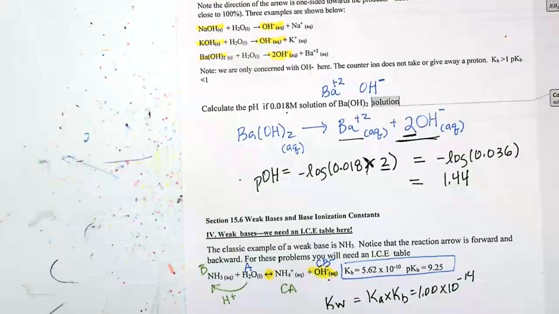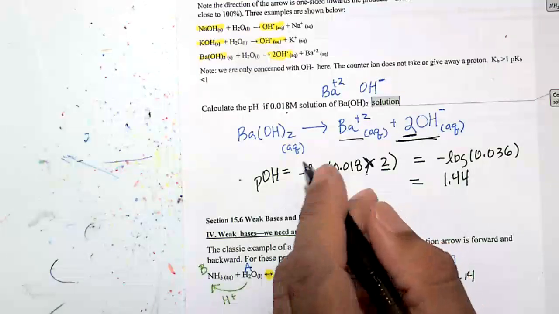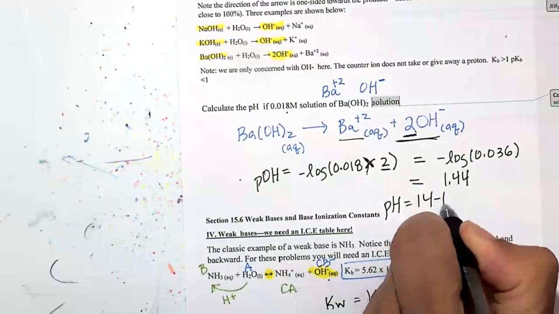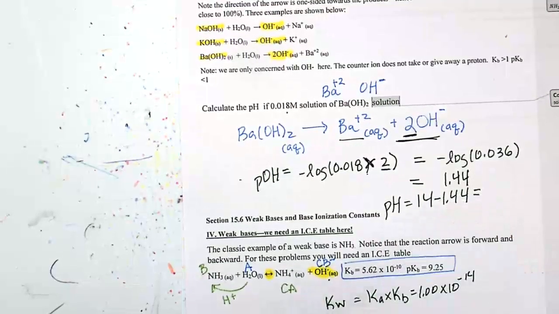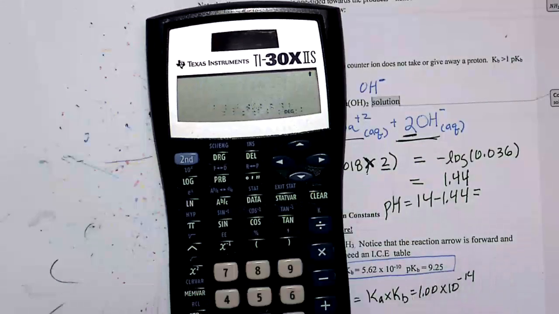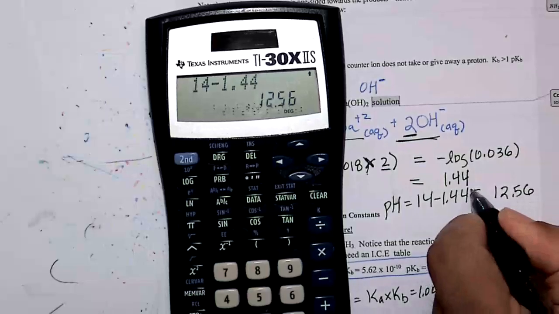And what is the pH that corresponds to that pOH? Take 14 minus that, and what do you get? 12.56. Okay, that's a very, very basic pH.